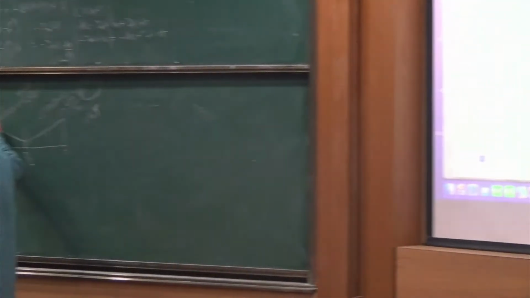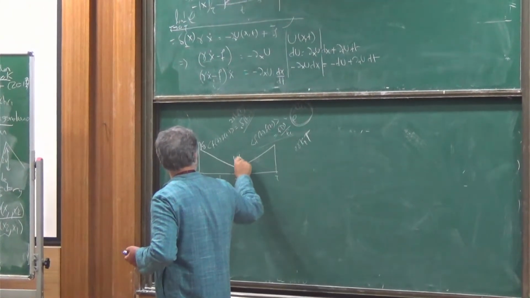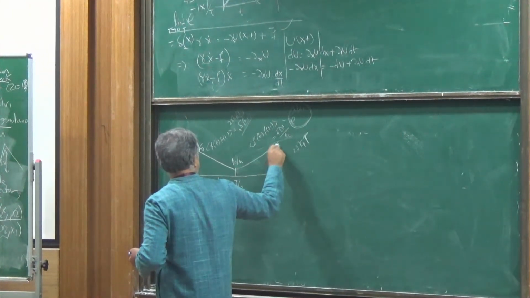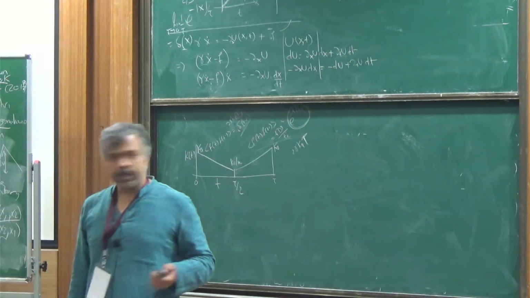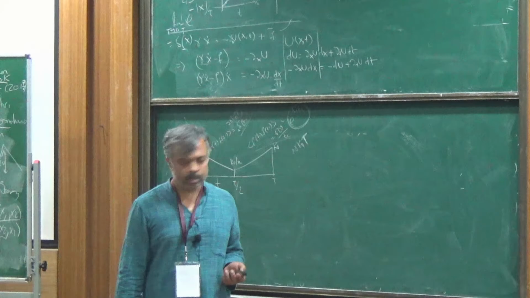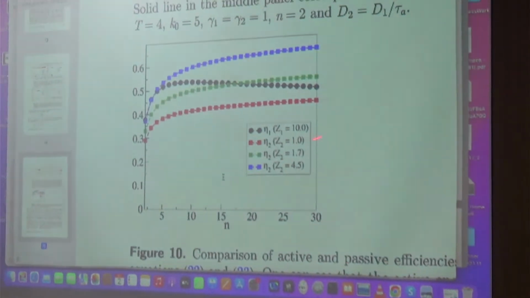This is K0, this is K0 by N, and this is K0. So N is not necessarily 2, we can have a parameter there. And in terms of N we can check the efficiency.